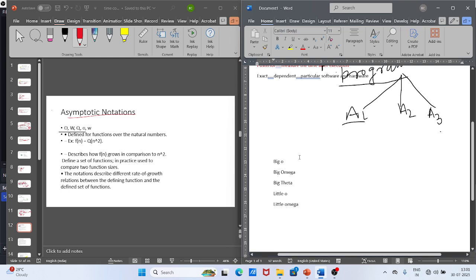Okay, so big O. Big O is basically used in worst case, or you can say this is used for upper limit. This describes the upper limit. Okay, this is big O.